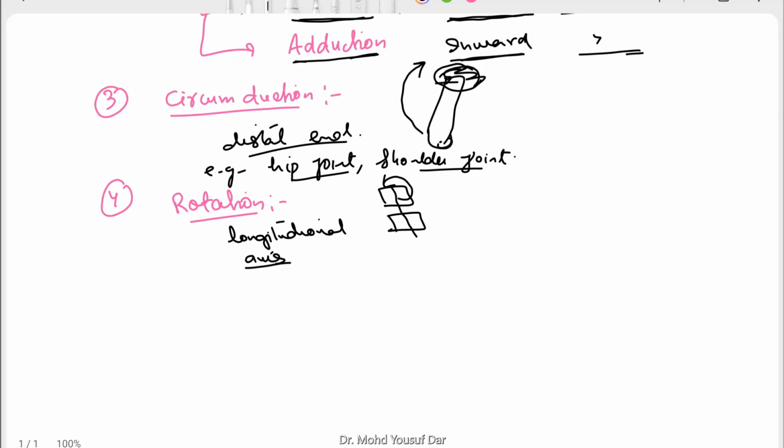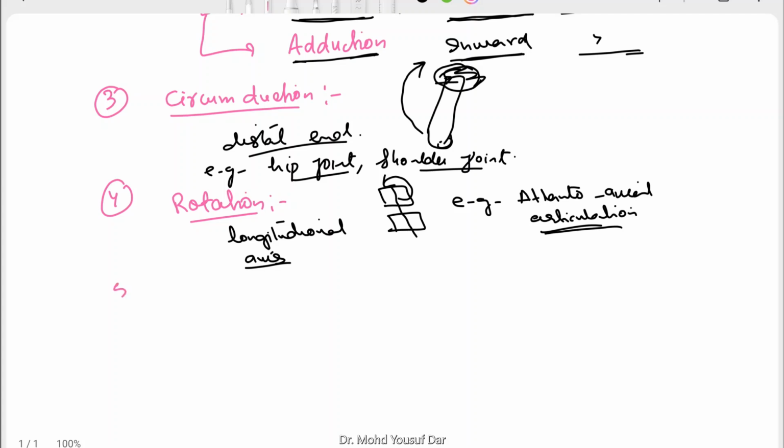For example, atlantoaxial articulation shows rotation type of movement. So the movement between the atlas and the axis is a rotation. One bone that rotates around the longitudinal axis of the another bone is known as rotation.